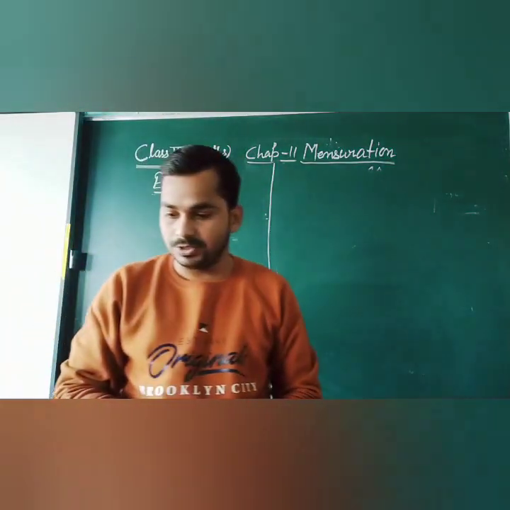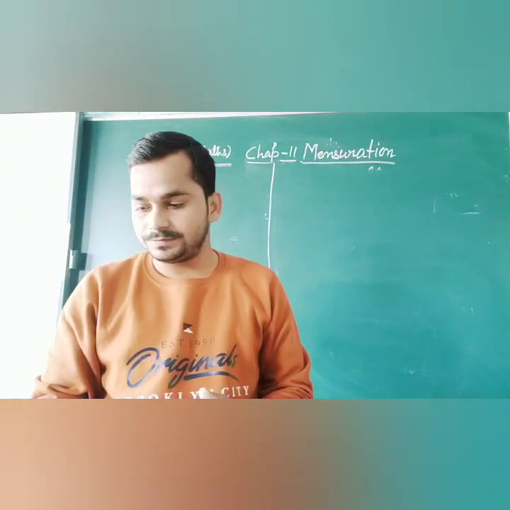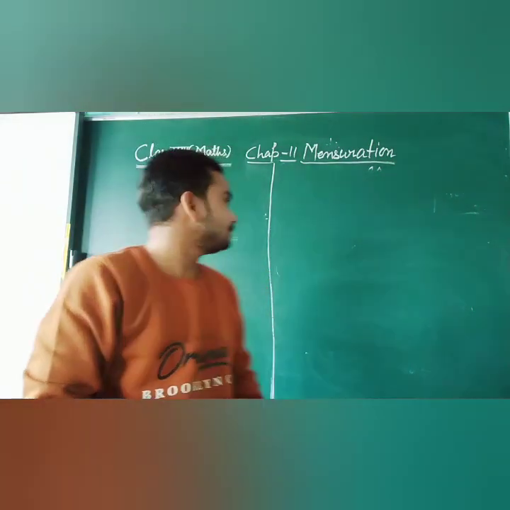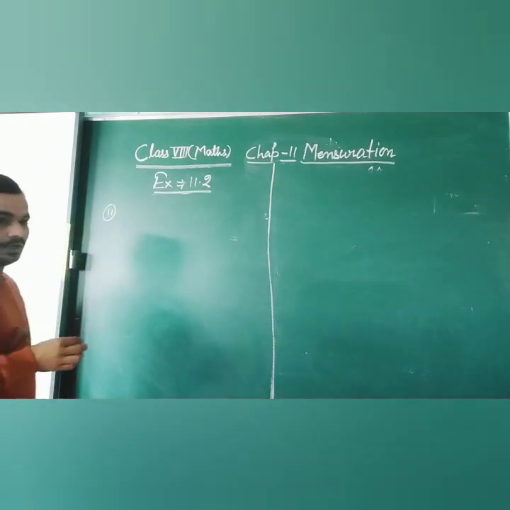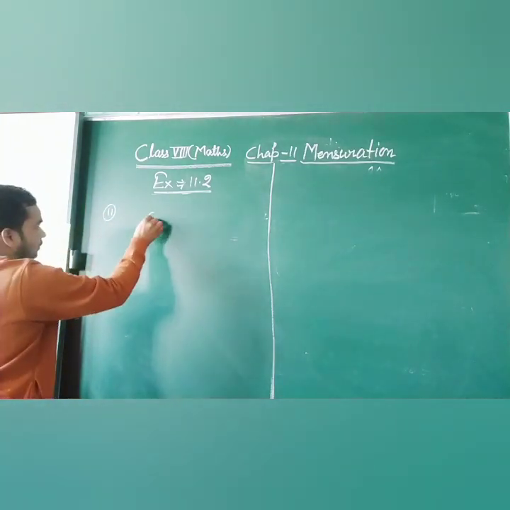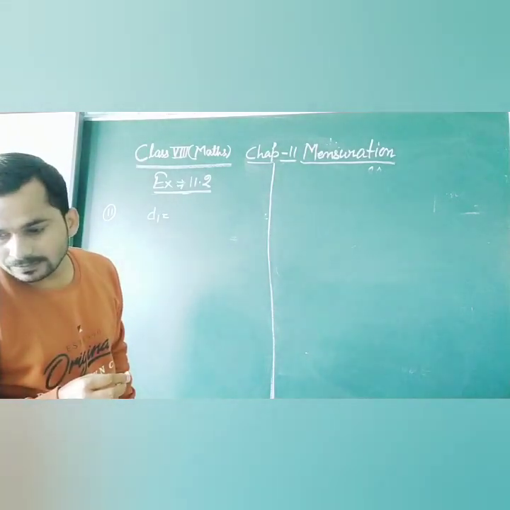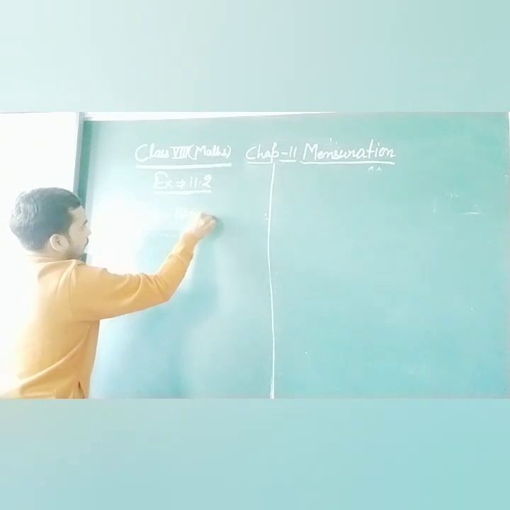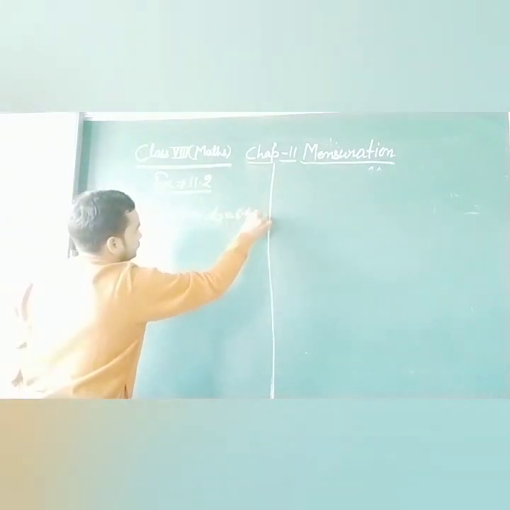Now discuss question number 11. Find the area of kite whose diagonals are given 18 centimeter and 6.4 centimeter. Diagonals are given: first diagonal D1 is 18 centimeter and D2 equal 6.4 centimeter.